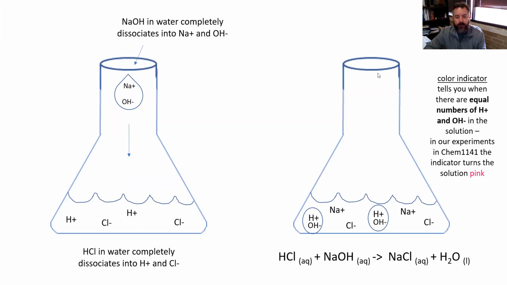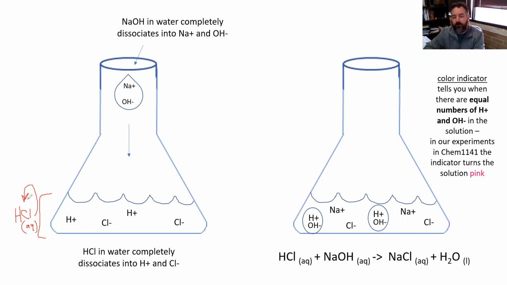On this slide, I just want to go over some of the details about what's going on in an acid-base titration. In this particular example, I have hydrochloric acid down in this flask, so there's HCl, aqueous HCl, and aqueous means that it's in water and that it's soluble.